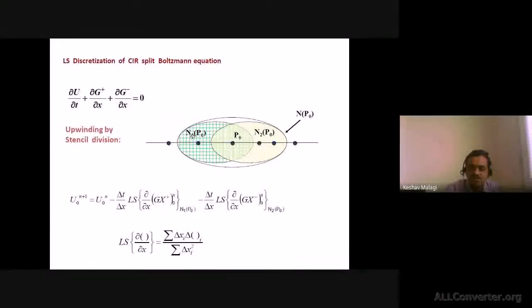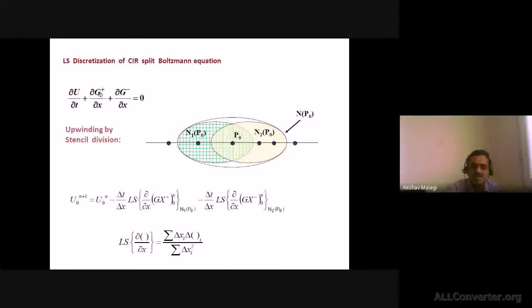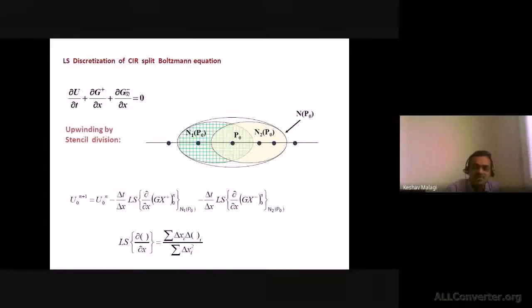So we define N1 to be points lying to the left, and N2 the points lying to the right. Now approximate this dou G plus by dou x. So G plus is now like the F you were studying when I was telling about least squares approximation of derivatives. Here the F is G minus.